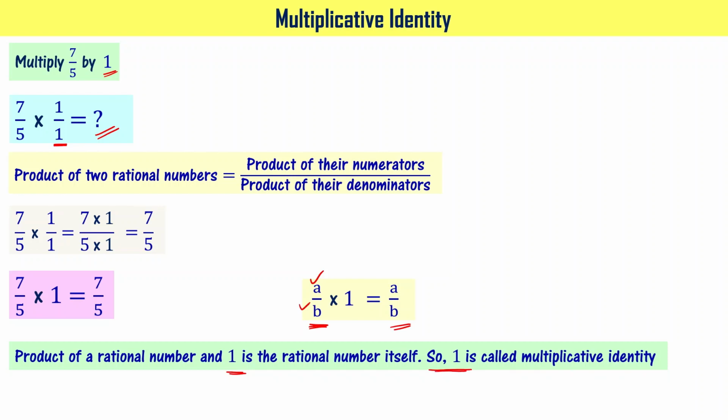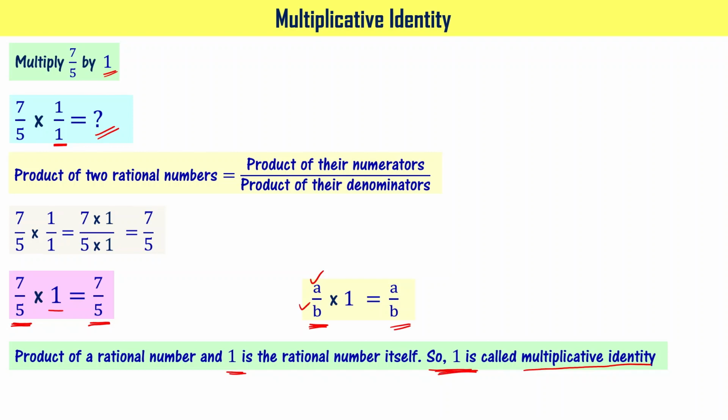1 is called multiplicative identity. It means by multiplying a rational number such as 7 by 5 with 1, nothing is changing, right? It means the identity of this particular rational number remains the same. That's why 1 is called multiplicative identity.